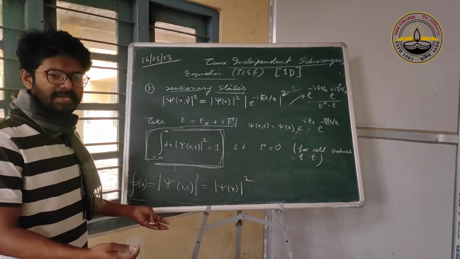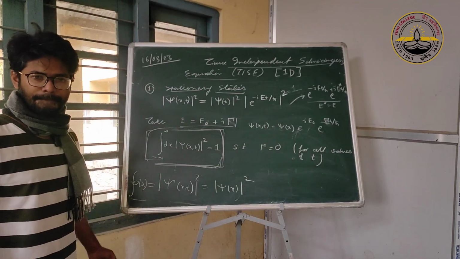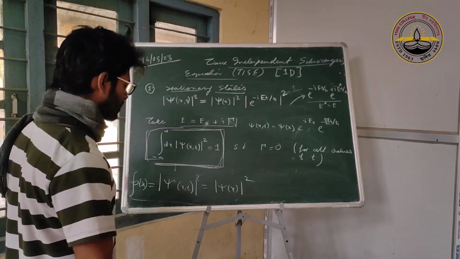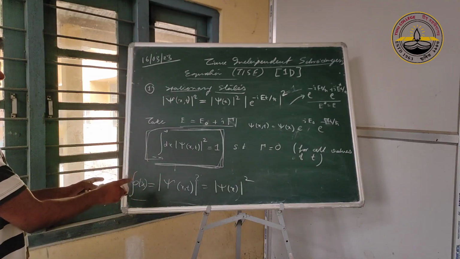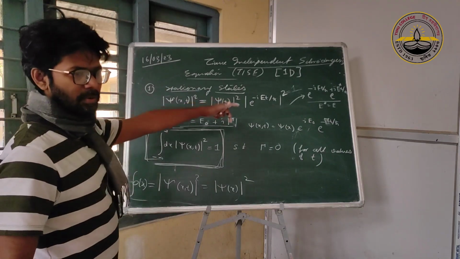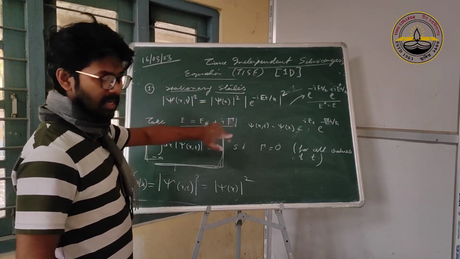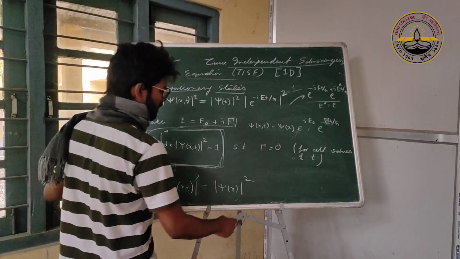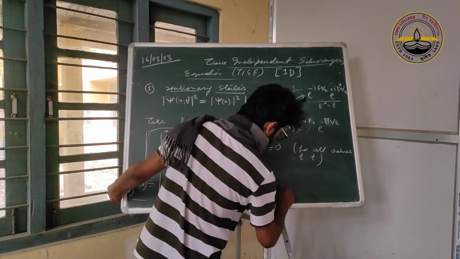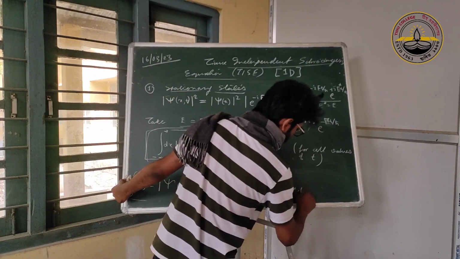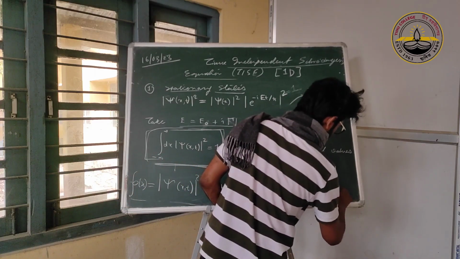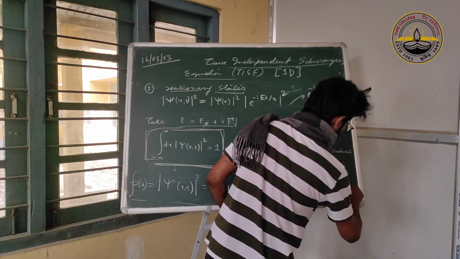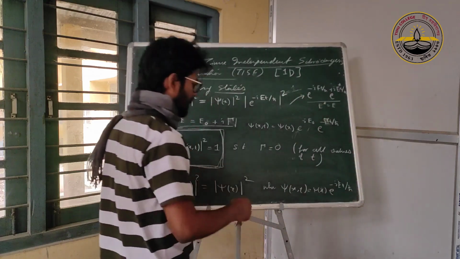That means probability density does not change with time when the wave function is in this particular separable form, that is, when psi of x,t equals psi of x times e to the power minus i E t by h cross.